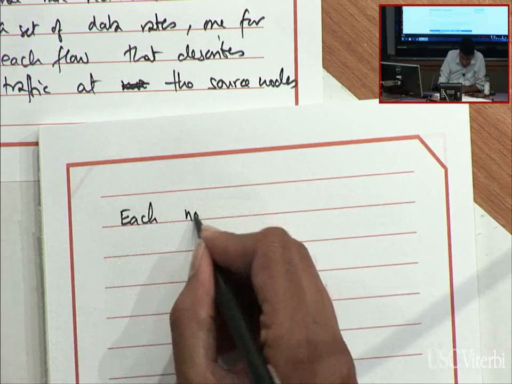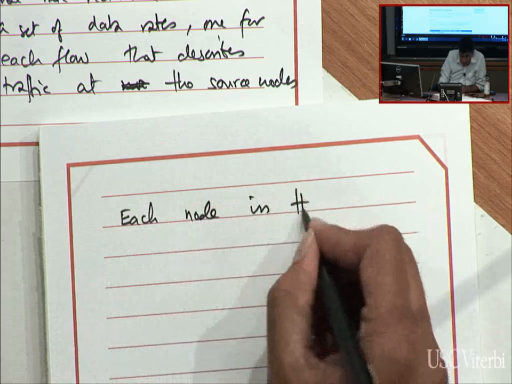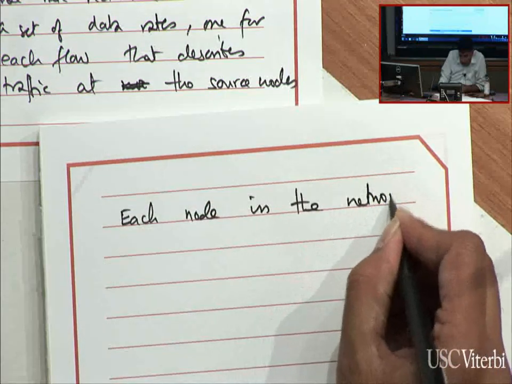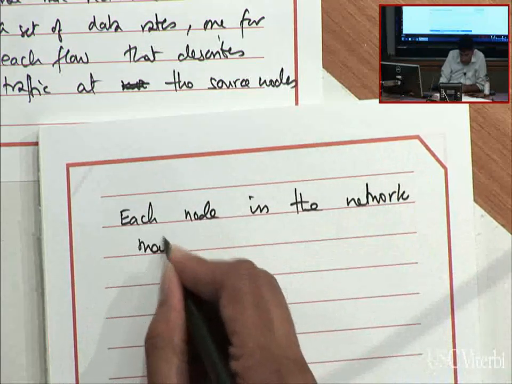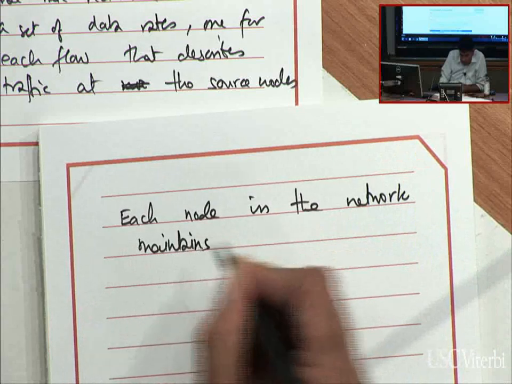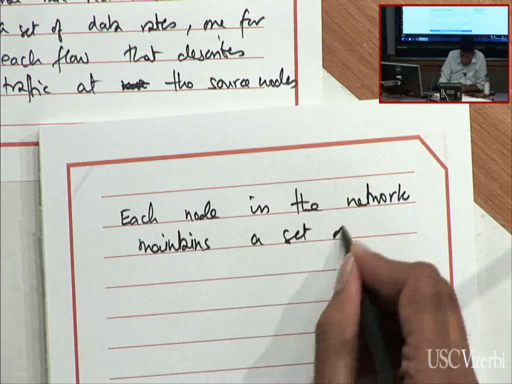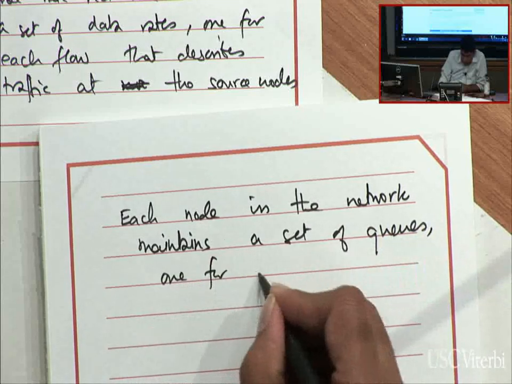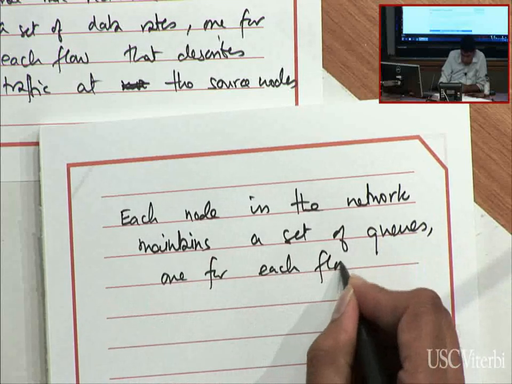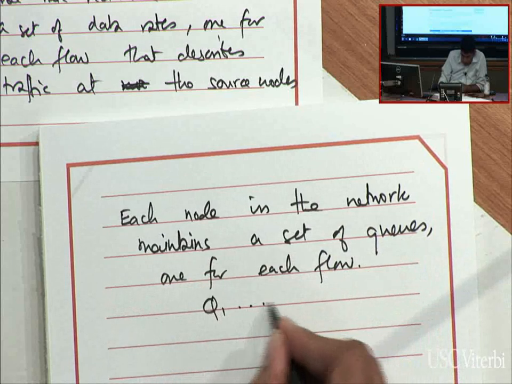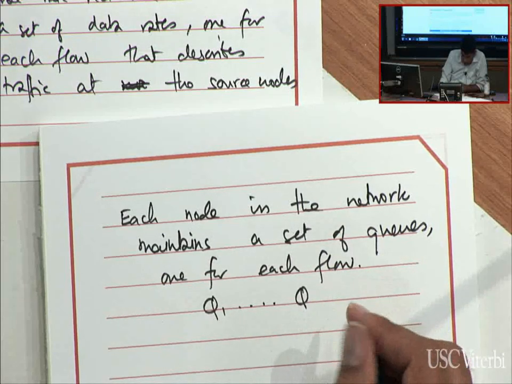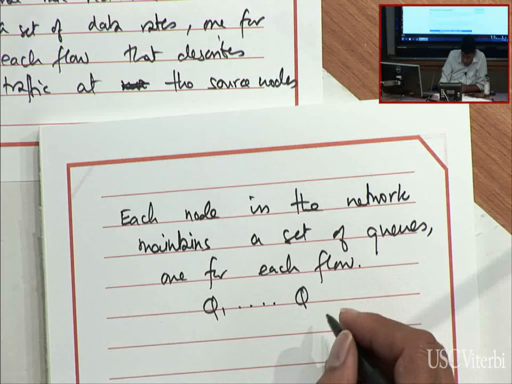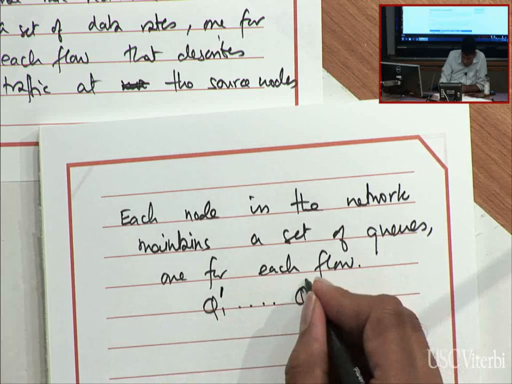Okay, each node in the network will maintain a set of queues, one for each flow. So let's put them as a superscript maybe.